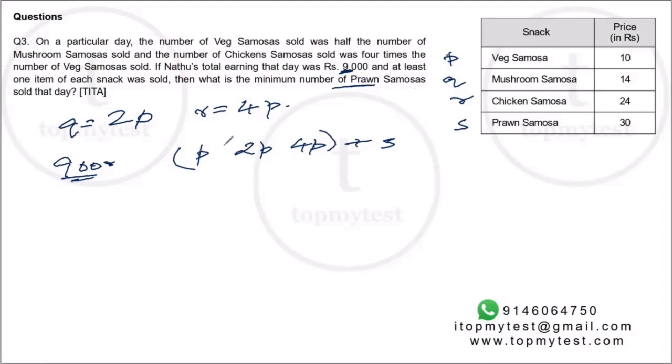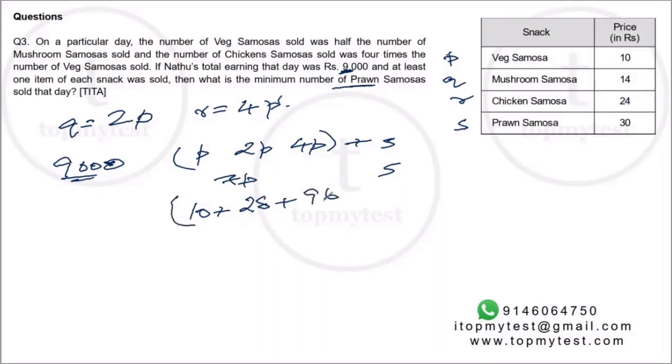So let's look at the revenue. You need to reach a revenue of 9,000 rupees. Now, this is 7P items and S items. What is the value of these 7P items? 1 veg samosa costs 10 rupees, 2 mushroom samosas will cost 28 rupees, and 4 chicken samosas will cost 24 into 4, 96 rupees.